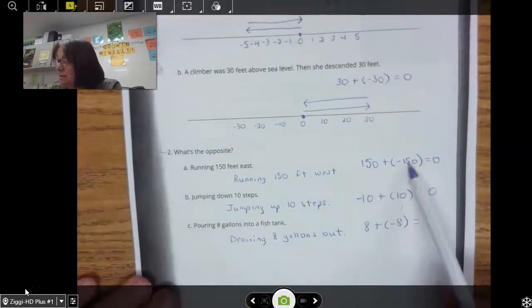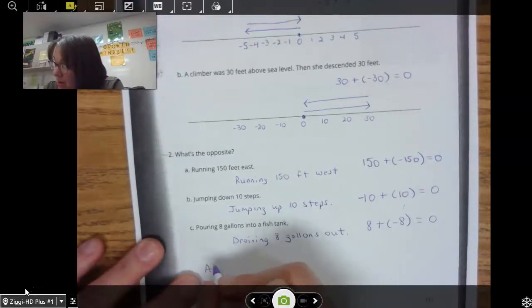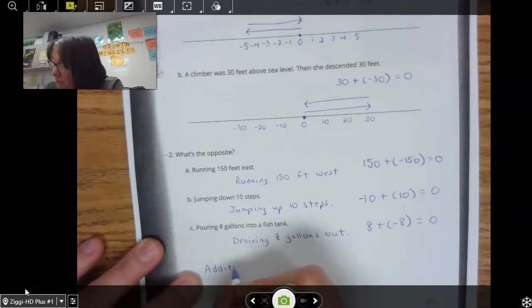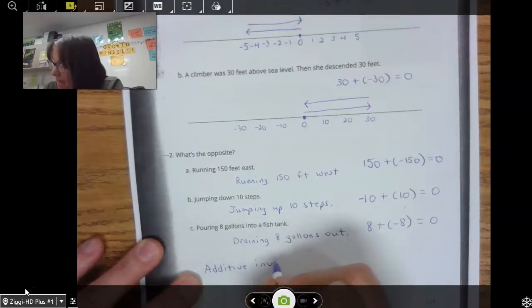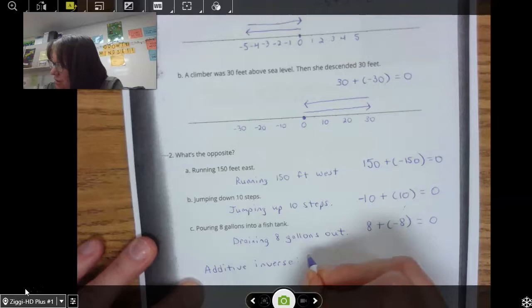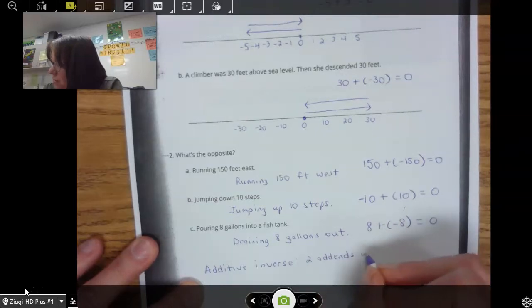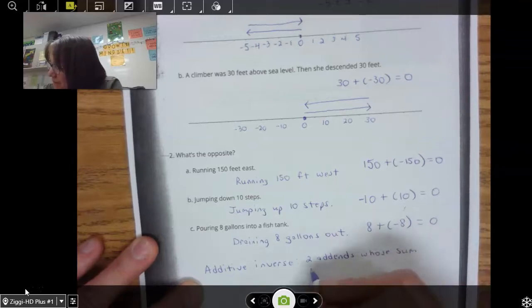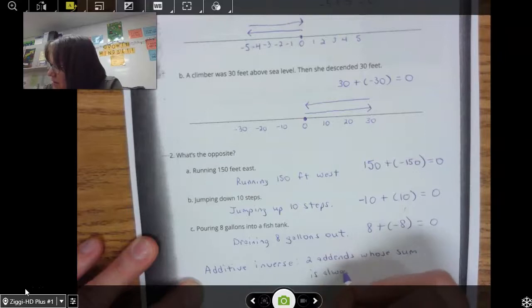These are opposites. Opposites, another word for that, a math term, is additive inverse. It is when you have two addends whose sum is always 0.